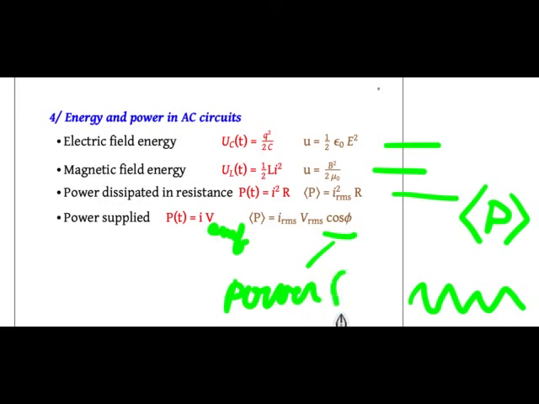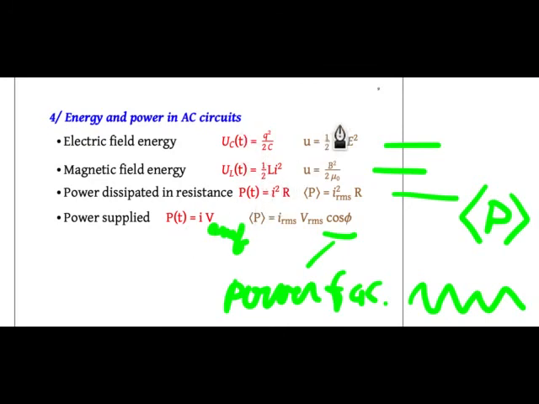And I think there's a problem in the assignment where you have to calculate the power supplied to an AC circuit, taking into account the power factor. There's a whole section of this in the textbook. So these equations are all familiar from earlier weeks.